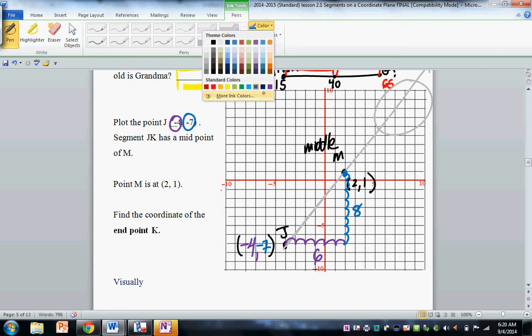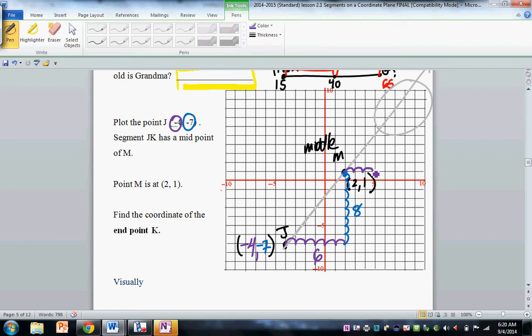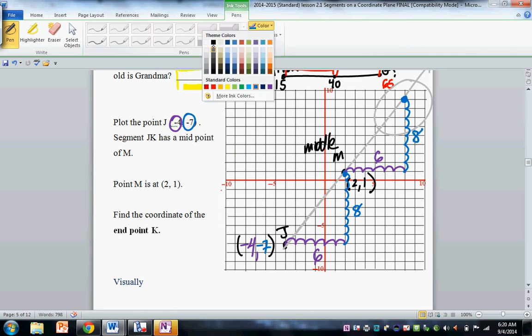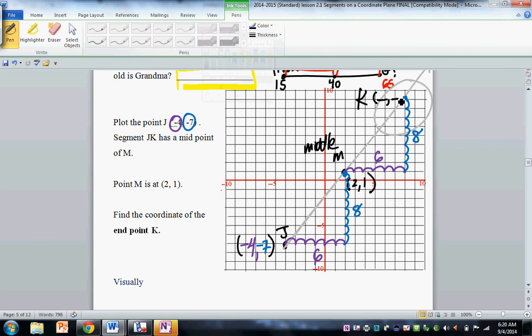And if that's going to be a midpoint over there, I have to go exactly the same number of units. Count out: 1, 2, 3, 4, 5, 6, then 1, 2, 3, 4, 5, 6, 7, 8. And you figure out where that point is. That's going to be our other endpoint, K. That would be visually. Okay, visually you count it out.